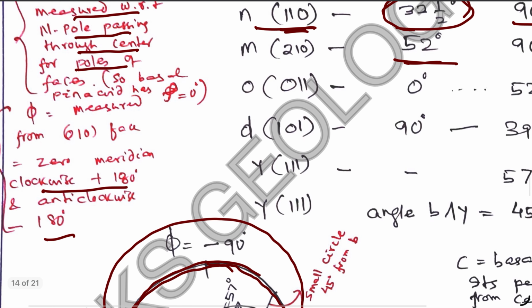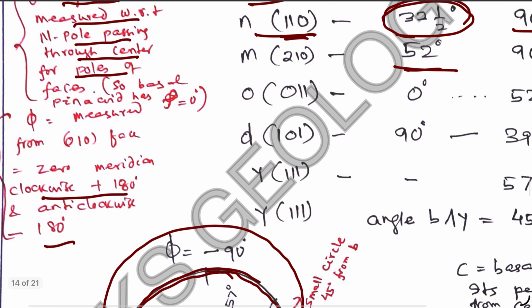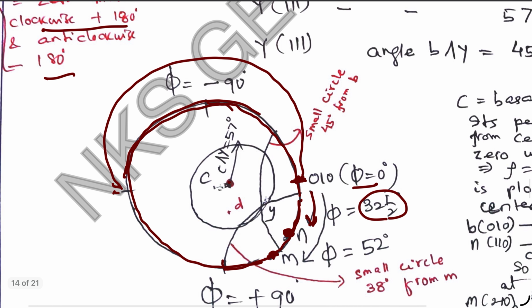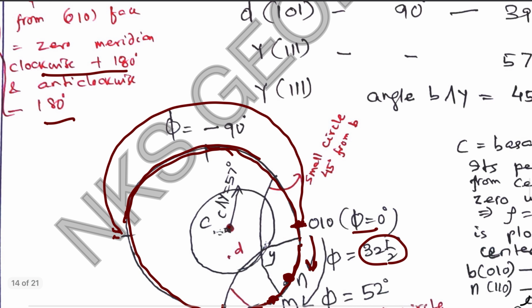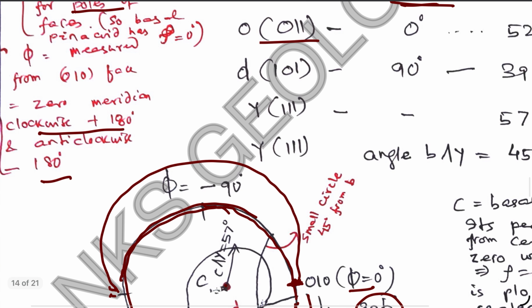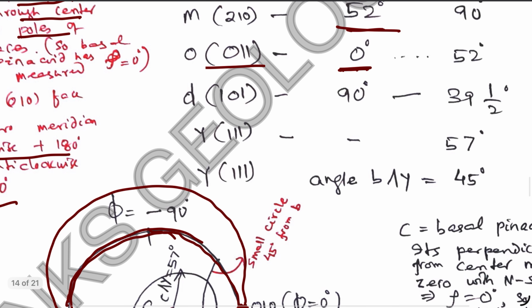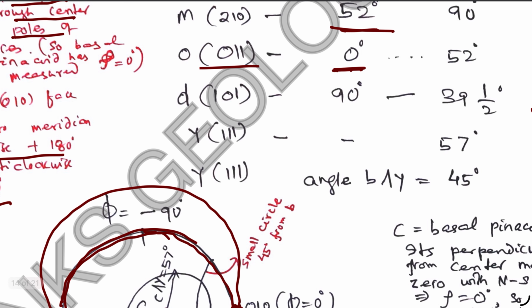Then we have O, the 0 1 face. It is parallel to the horizontal A axis, so it occurs in the 0 meridian, that's why its phi angle is 0, but it has rho angle 52 degree.